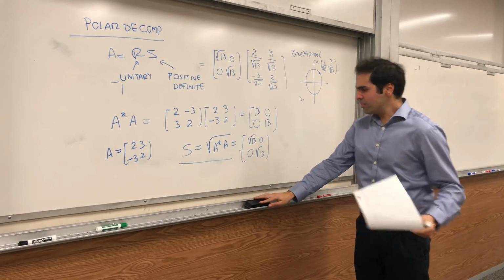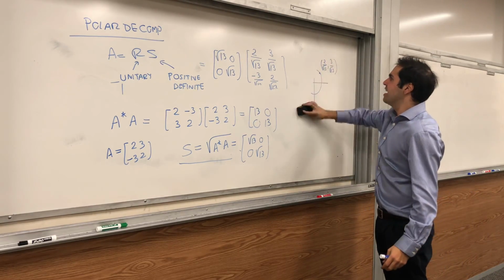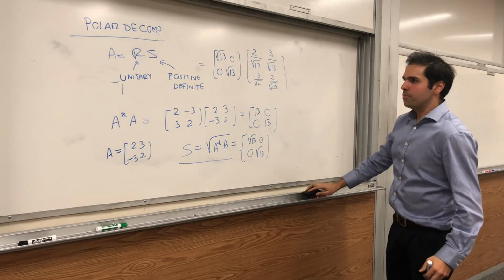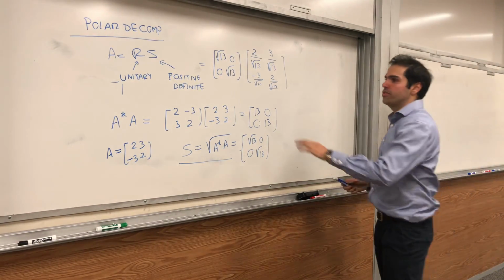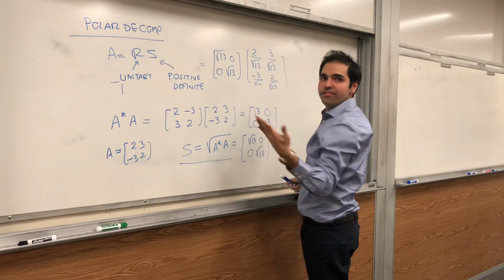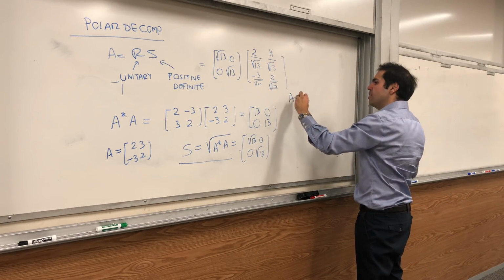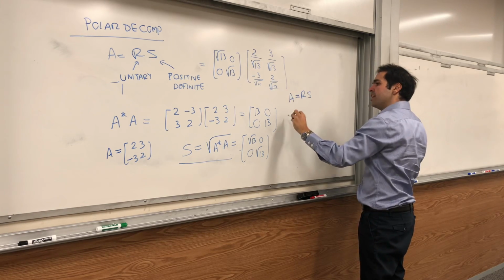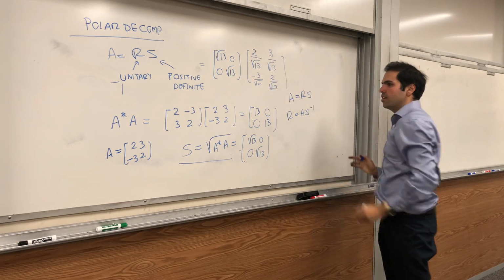So S is the square root of A star A, and how can you get R? Simply by taking the inverse. S is positive definite, hence invertible, because no eigenvalues are 0. And from A equals RS, you just get R equals A S inverse.